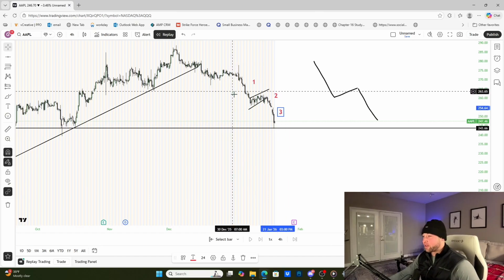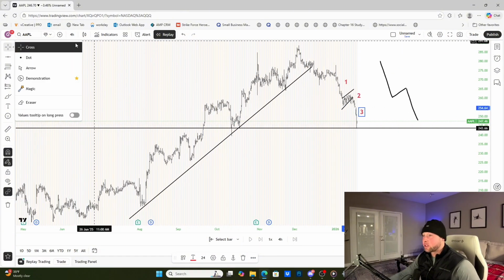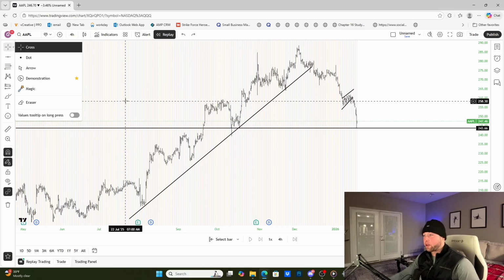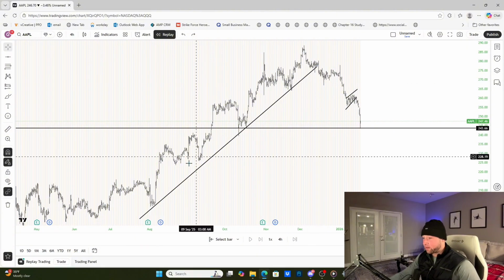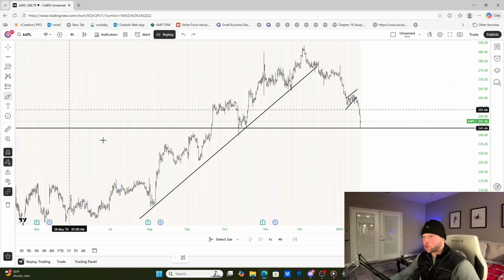A great downside move. And when I came into the market today, I'll clean this up for you guys a little bit. When I came into the market today, I had these patterns right here drawn on my chart. You can see here this long trend line going back to August and the summer of last year. And it formed a support many times on the chart.